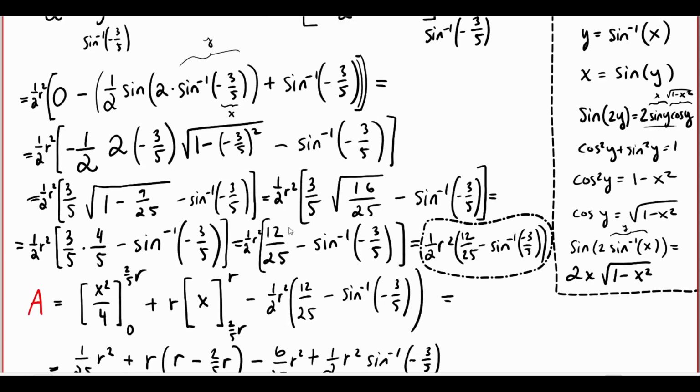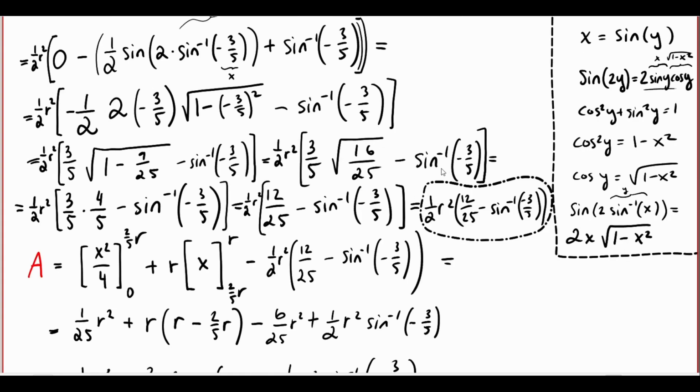And then this equals, and we simplify this. This thing here is the square root of 16/25. And then we keep simplifying, and then we get 3/5 times 4/5, minus, and then the arcsine thing.